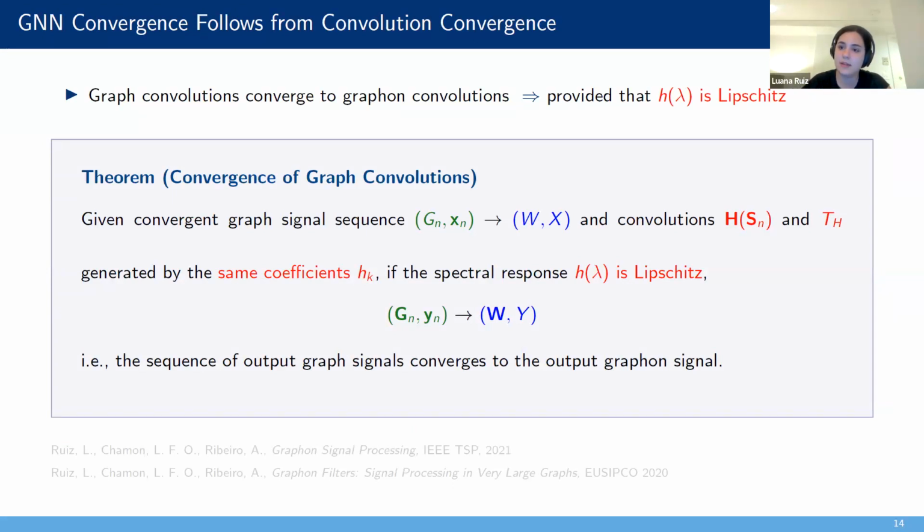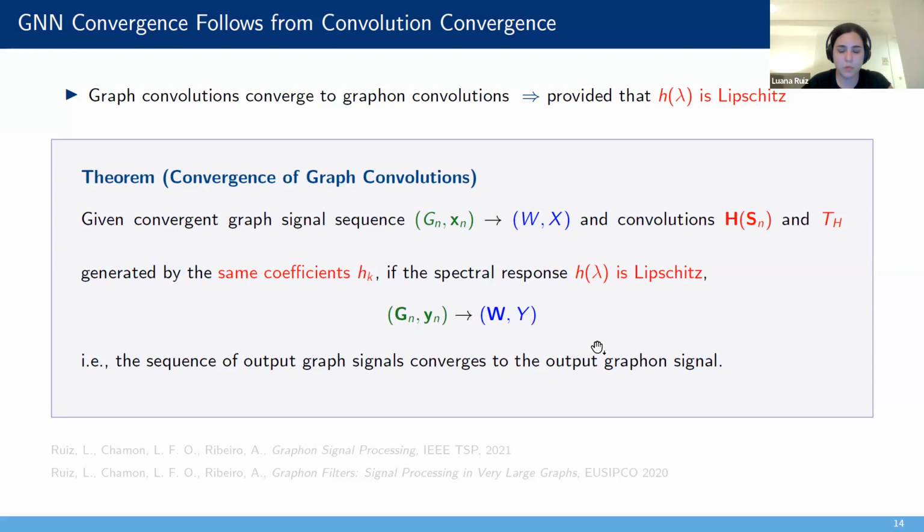Because the pointwise nonlinearity is node-wise on the graph, and similarly node-wise on the Graphon. So the convergence of that part is easy to show. But the graph convolution is the one that is a bit more complicated, right?